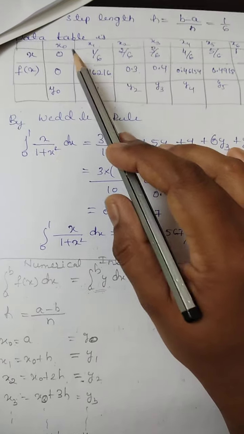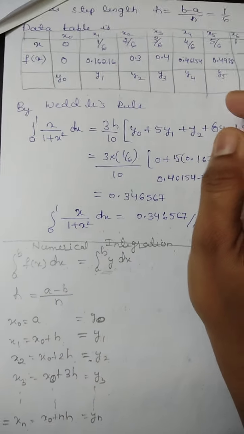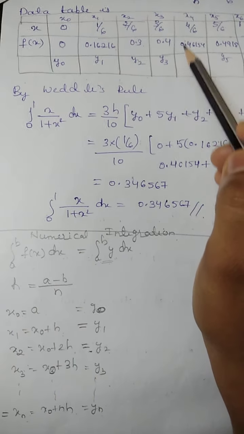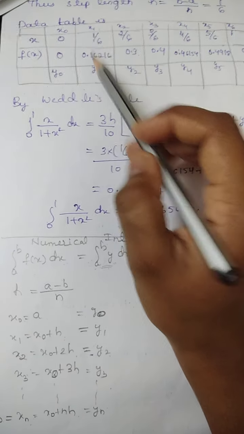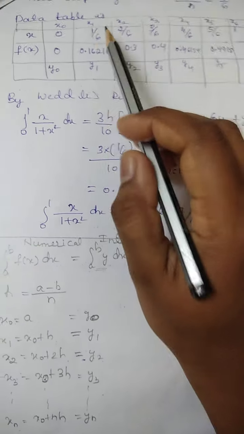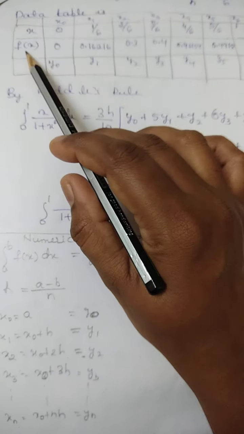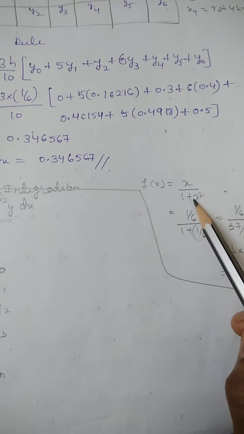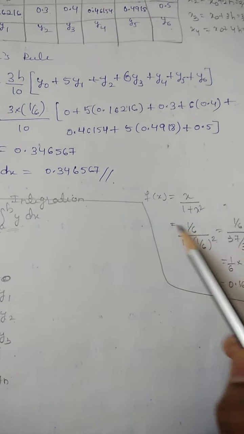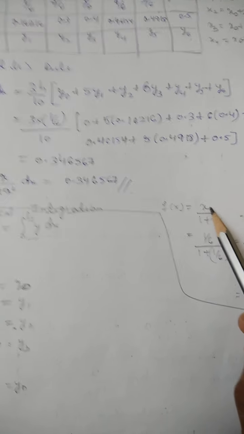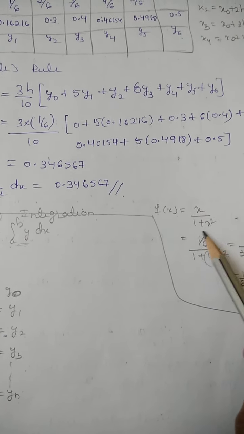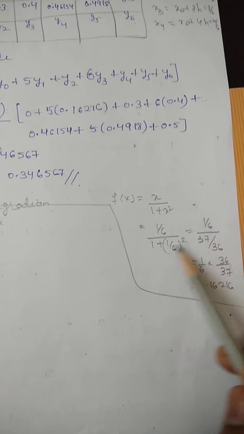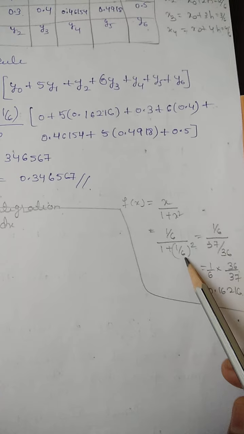Now using these values x0, x1, x2, x3, we have to find the values of y0, y1, y2. I will show how to find one value. When x1 is 1 by 6, what is f of x? Here f of x is x upon 1 plus x square. So x1 is 1 by 6 divided by 1 plus 1 by 6 whole square. 1 by 6 whole square means 1 by 36.